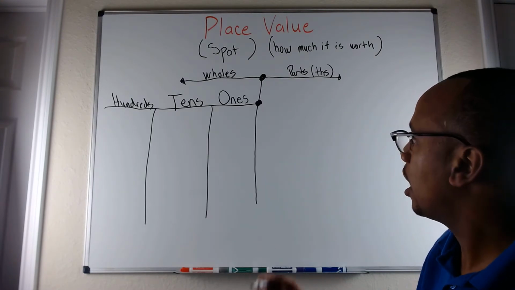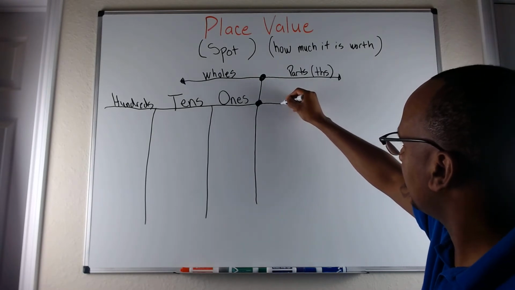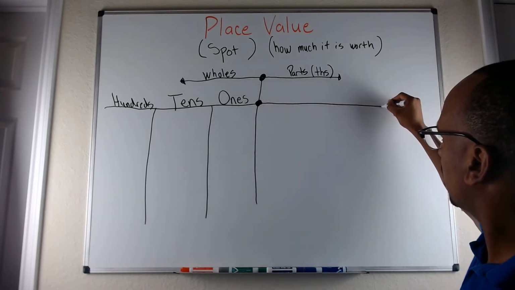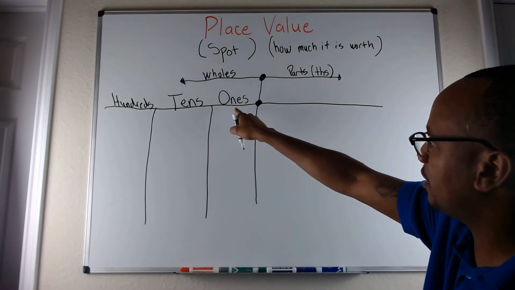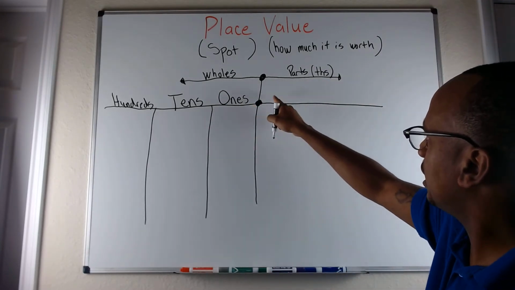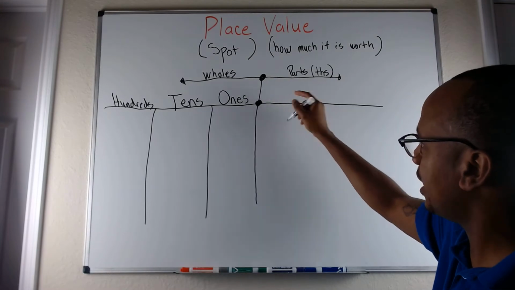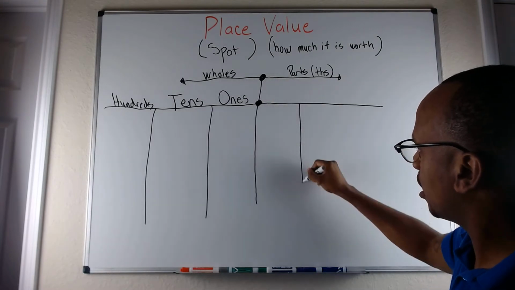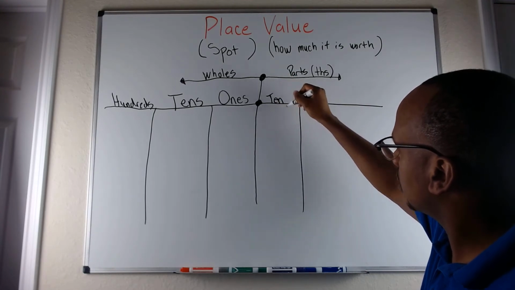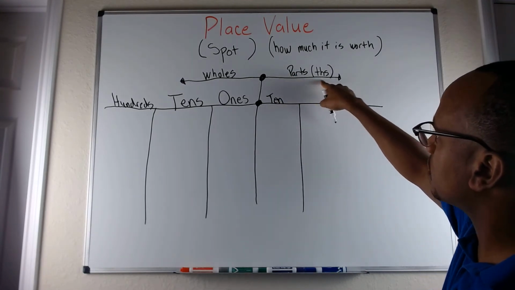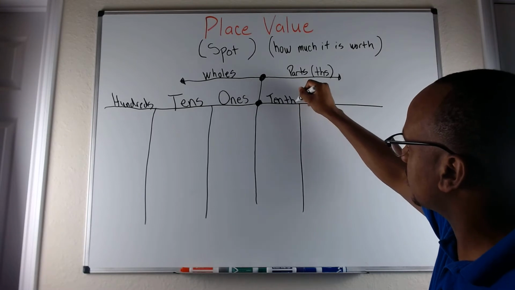Now, on the part side, you're also going base 10, but you're going to the right. So if this is ones, then this means 10 parts right here. So I write the word tens, but I have to put the parts on the end. So it's tenths.